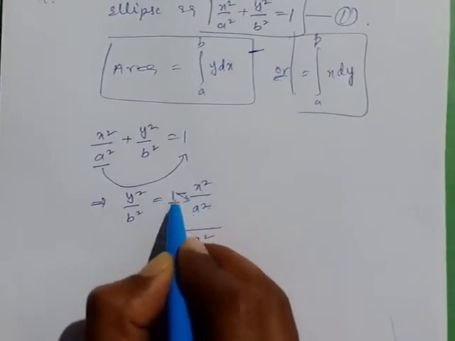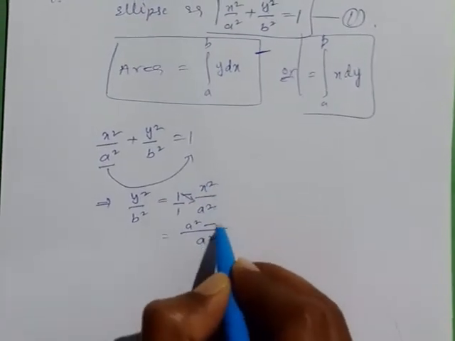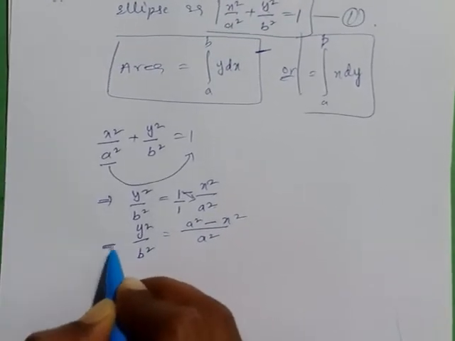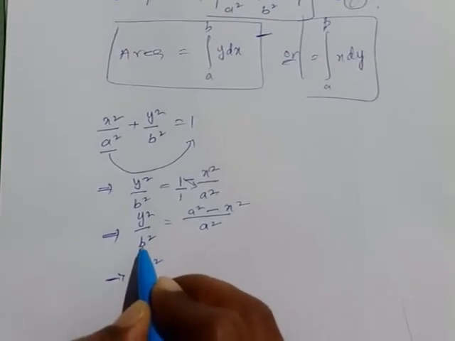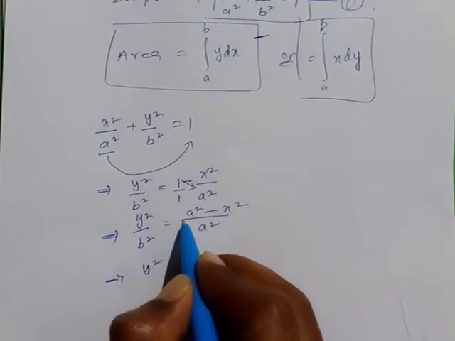Cross multiplication, 1 into a square minus 1 into x square, it is x square, this is y square by b square. Next, y square is equal to, here b square is in the denominator. If we transfer it, it will be multiplied.